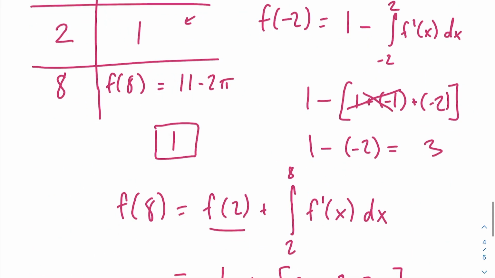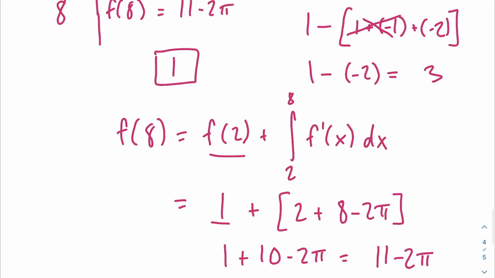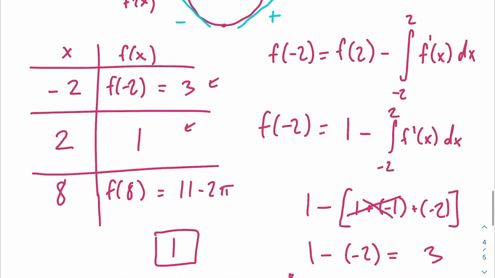So regardless of what the area under the curve from 2 to 8 was, we weren't going to get a number less than 1, which was already the absolute minimum value that we had found at f of 2. So if you were running short of time, maybe you could have noticed this and you didn't have to find your area. I just did it for the sake of completeness. But yeah, so the absolute minimum value by the candidates test would be 1 for this problem.